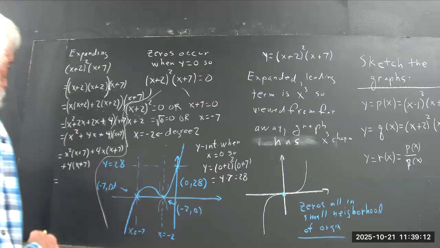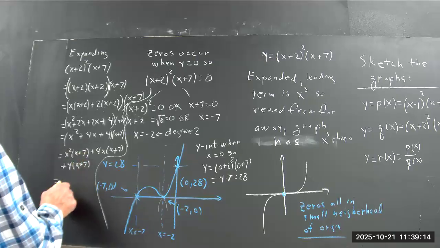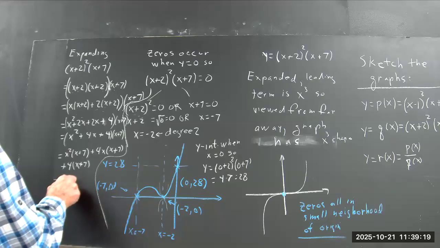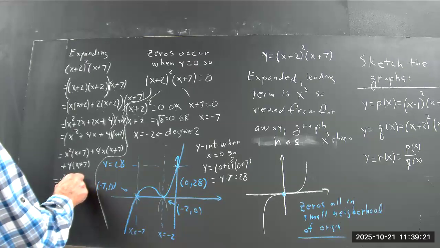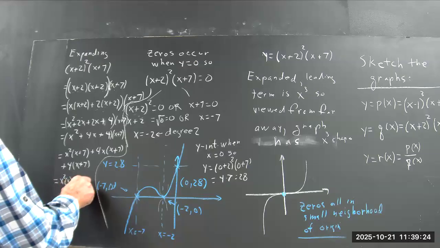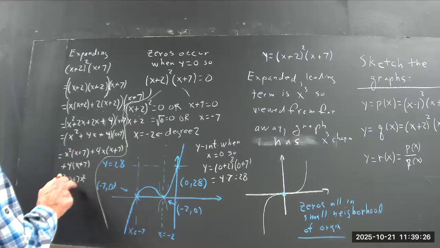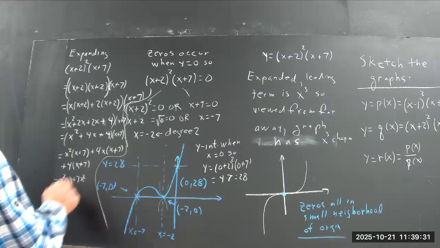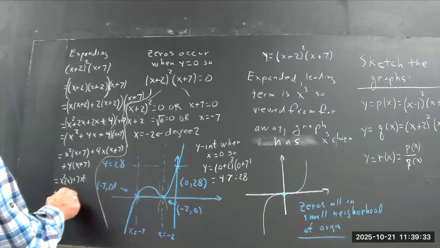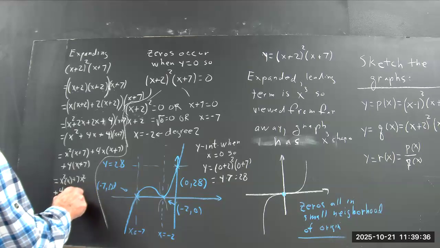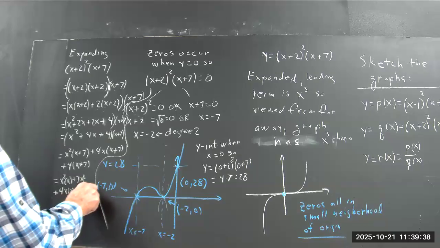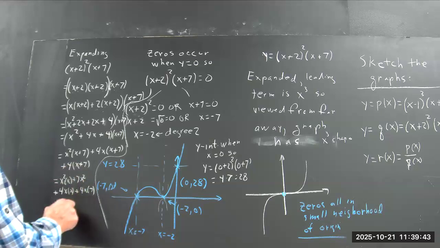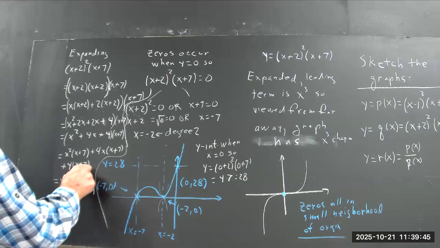I'm working with even less room, but we multiply the x squared by x plus 7. X squared times x plus, I'll just say 7x squared. X squared times 7 is the same as 7 times x squared. And then it's going to be 4x times x plus 4x times 7. And then it's going to be 4 times x plus 4 times 7.